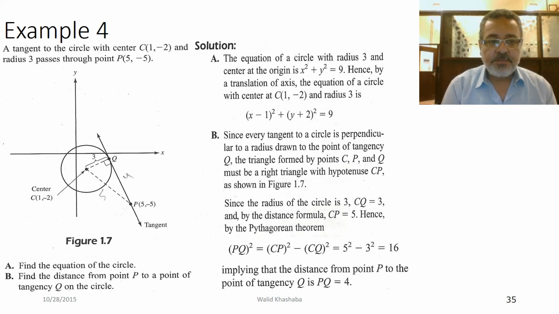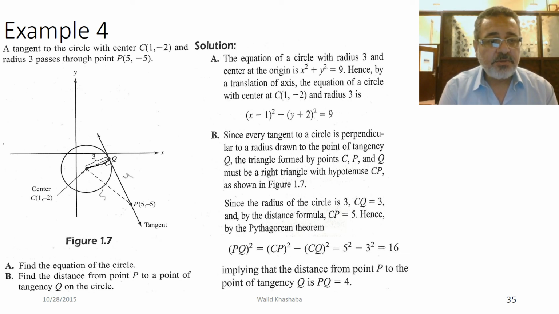This is about the equation of the circle. But for the length of the tangent, there's no need to follow a certain rule. As I told you before, we can follow the Pythagorean theorem. We have this length, which is 3, right?